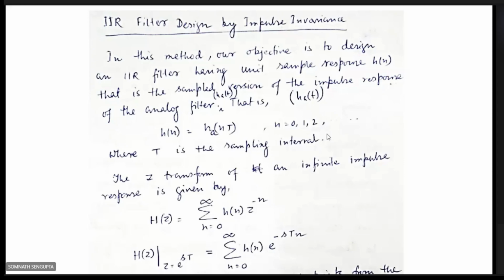So we replace z by e to the power sT, and we get the summation of h(n) into e to the power minus sTn. In place of z, we write e to the power sT.